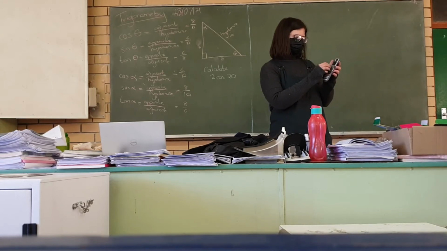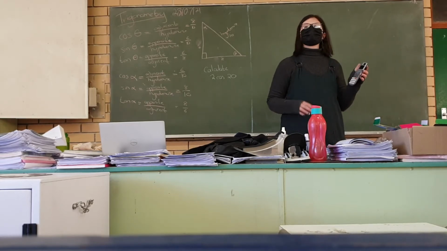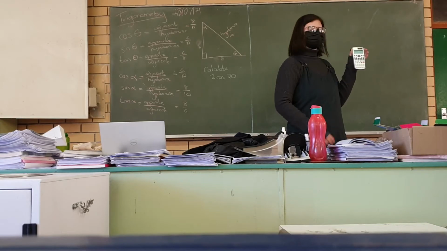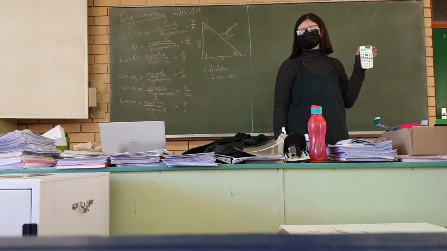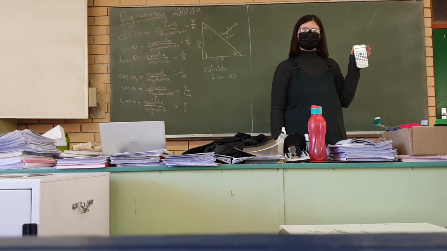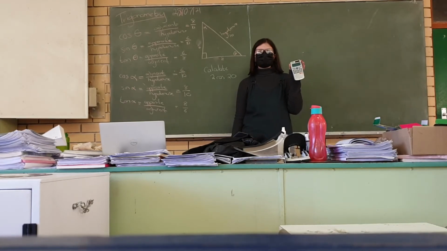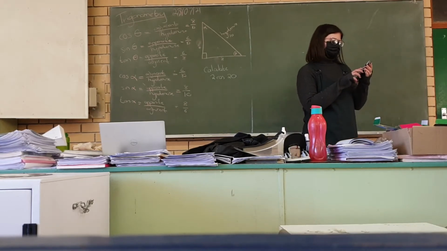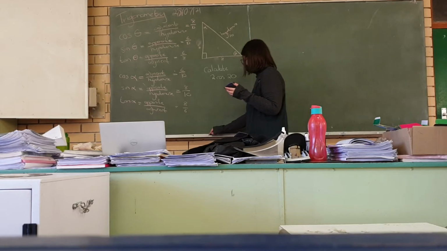So what I do if I want to calculate 2 cos theta is I say 2 cos 20. Cos 20 equals 1,87. 1,88. Isn't it around? Yeah, 1,88. Okay, so you guys see how I did that? 1,88.